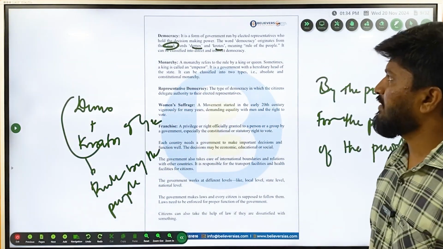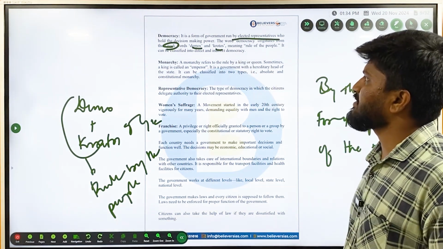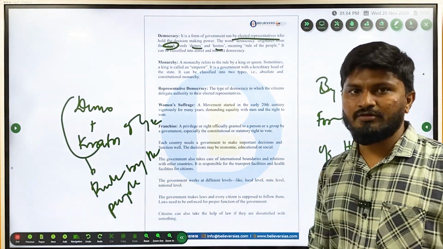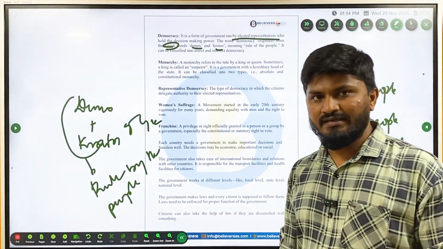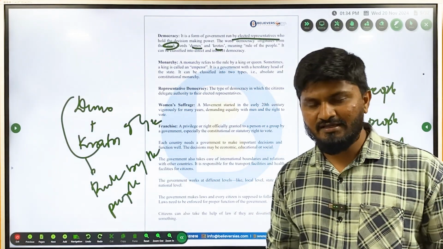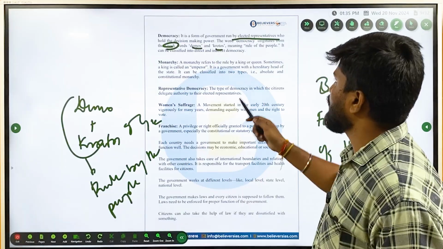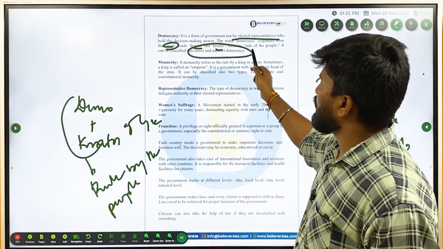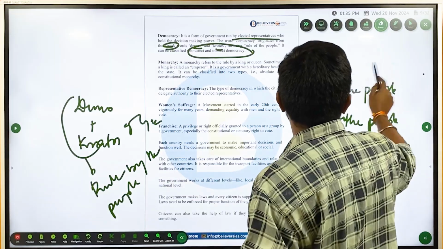It is a form of government run by elected representatives who hold the decision making power. As I said, government is a group of people who govern a country. If that group of people is elected by the people residing in the country, then it is called democracy. Within democracy there are two types, direct democracy and indirect democracy. What is direct democracy and indirect democracy?